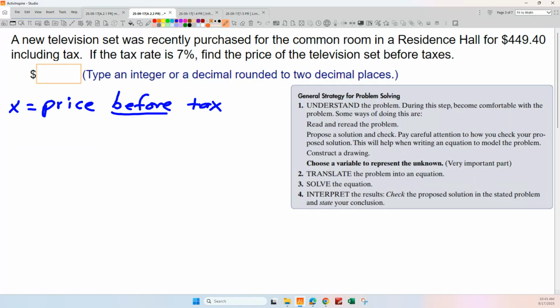Okay, well, let's see if we can convert this into an equation. It says it's purchased for a common room, it's purchased for a total of $449.40 after tax, right? So shouldn't that be what my equation is equal to? Everybody get that? Okay, so we know that my equation is going to equal 449.4.